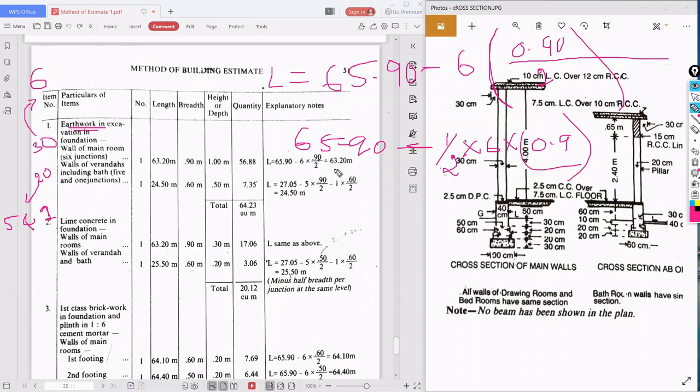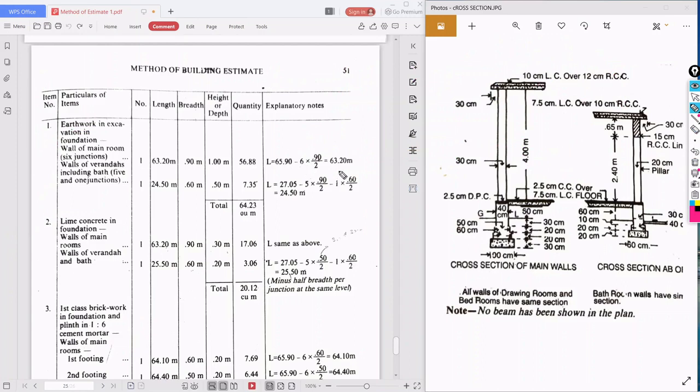So once we do this, we will get 63.20. So 63.20 is the length for all the 30 centimeter wall. What is the breadth? That is 0.90 meter only. And what is the height? We already know that 1 meter. Multiply them, you'll get the quantity. That is 56.88 cubic meter quantity of earthwork for 30 centimeter wall.